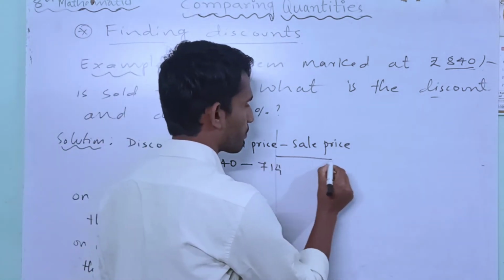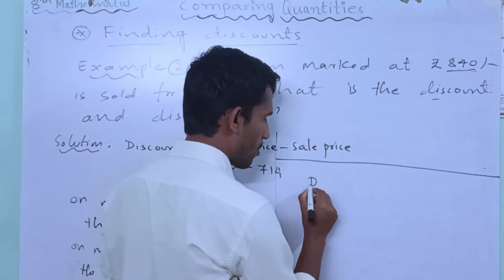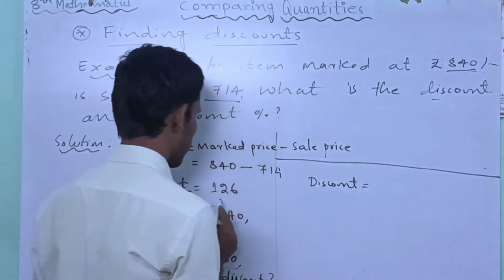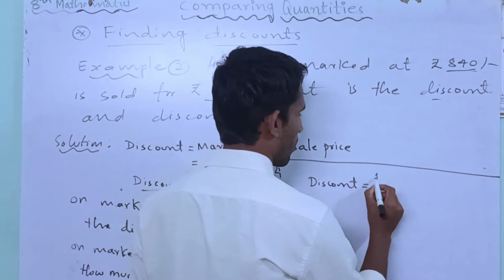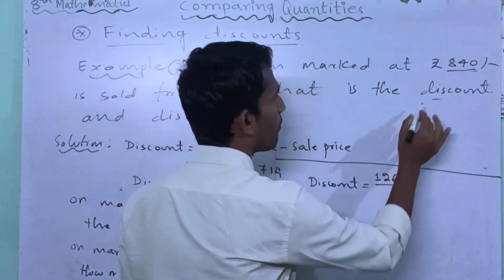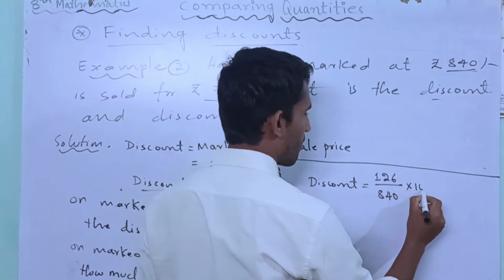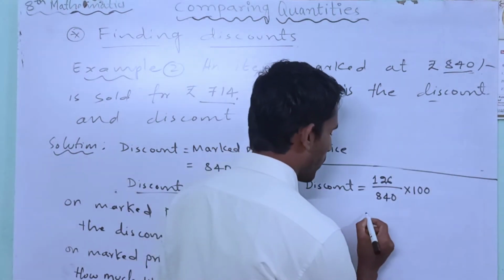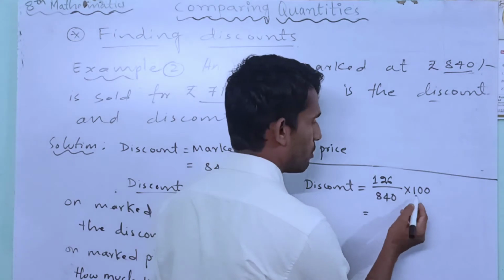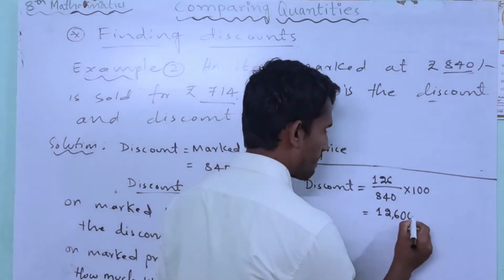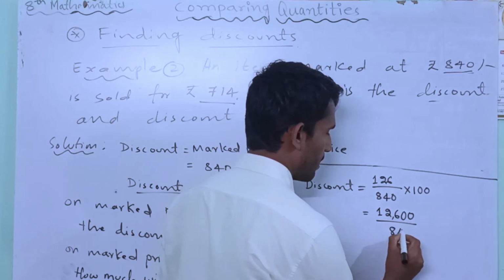Now discount is equal to 126 out of 840. We have to multiply with 100. Now when you multiply 126 into 100, you will get 12,600 by 840.